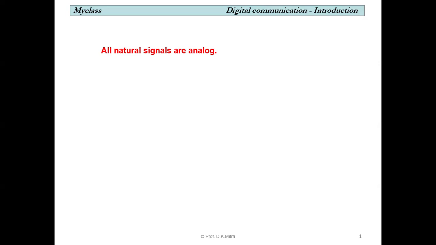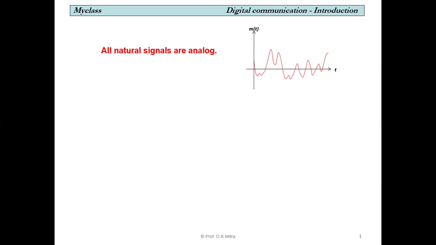When any one of us speaks, we do not speak in the form of pulses, like kick, kick, kick, kick. We make words, we make modulation of the sound. It's an analog signal. Even any sound in nature is actually an analog signal.